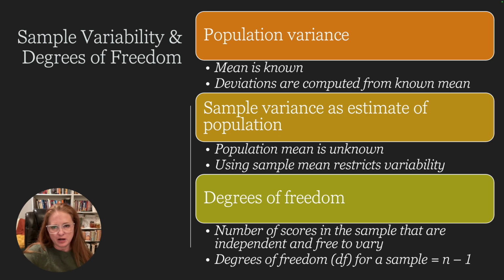So whatever your sample size is, minus 1. When we're talking about population variance, the mean is known, so the deviations are computed from a known mean. So you're a lot more solid, right? With a sample, the population mean is unknown. So using the sample mean restricts it. It doesn't give you as much solid footing, if you will.